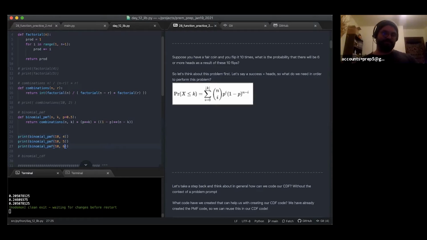So 0.205078125 in either case for 4 and 6, and then the PMF of 5 is a bit higher than that. Cool. Looks good.